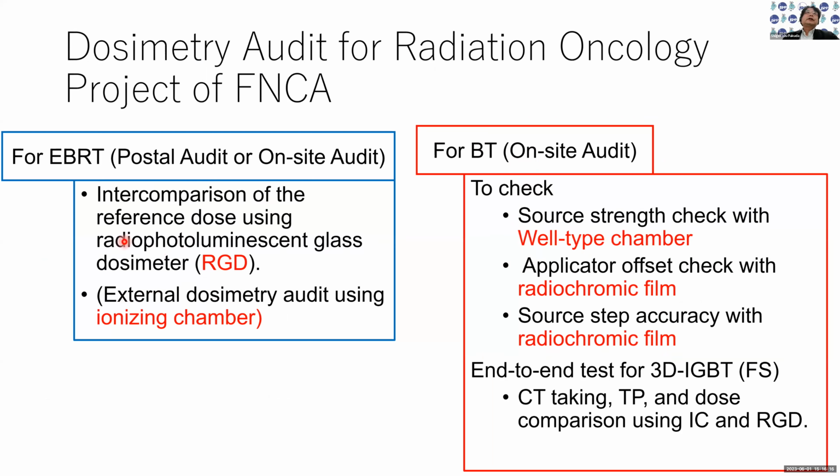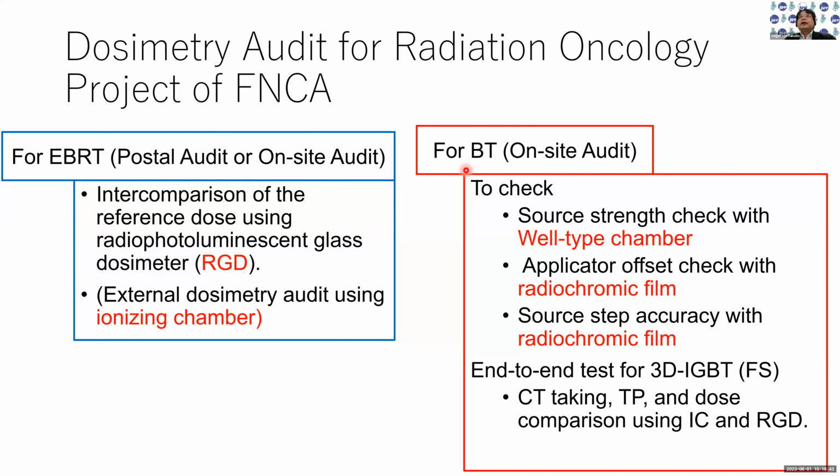For external beam radiotherapy, as a postal audit or on-site audit, we perform the intercomparison of the reference dose using the radiophotoluminescence glass dosimeter, RGD. And in the case of site audits, we additionally perform the external dosimetry audit using the ionization chamber.